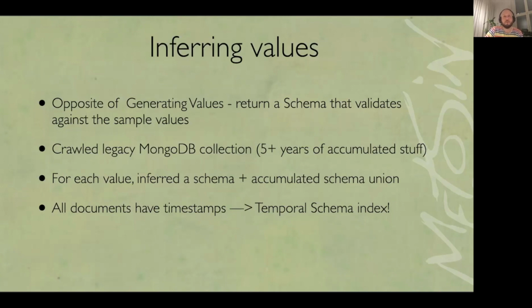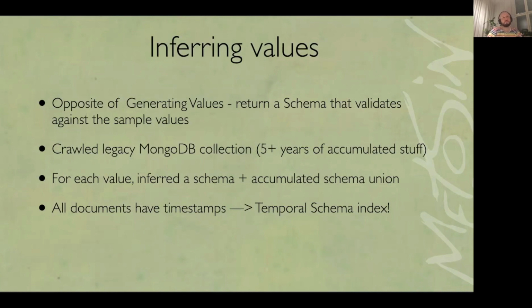Inferring values. So, a small sample. It's the opposite of generating values. You give a sample of values and get a schema back. The first time I used that was for this big MongoDB database. There was 5 years of data, and there were some problems, and I thought, oh, this is a nice proof of concept.